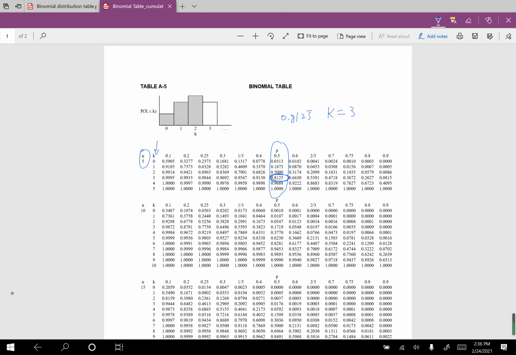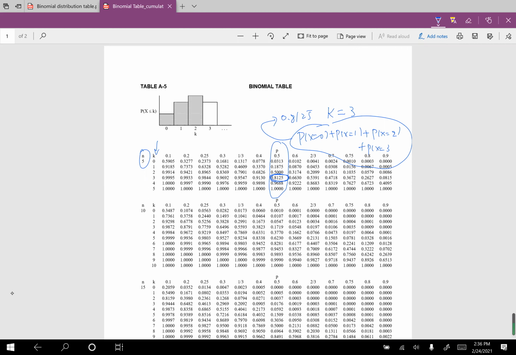That means the probability of x equals 0 plus the probability of x equals 1 plus 2 plus 3, all together equals 0.8125.